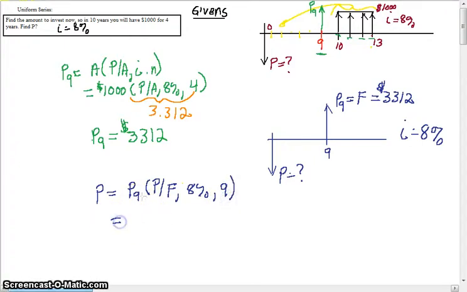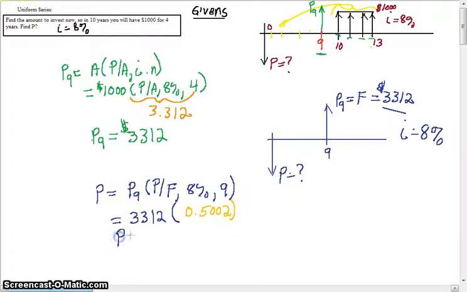And here P sub 9 is the same as F, which is 3,312, times our value for P given F at 8% for 9 years, which is 0.5002.